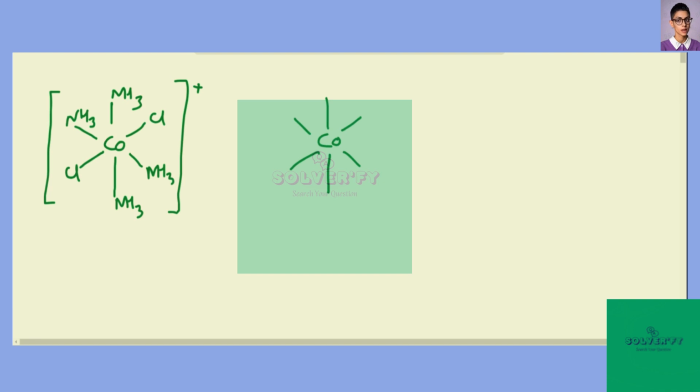And here chlorine and chlorine are adjacent to each other, that means the cis isomer, and the remaining positions you can fill with ammonia. That means the ammonia is forming the coordinate bond with the central metal atom, 4 ammonia molecules in the product.